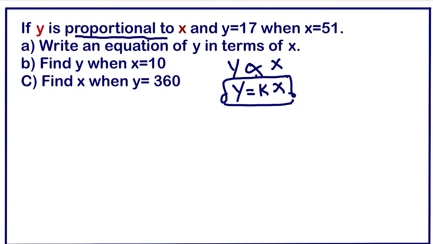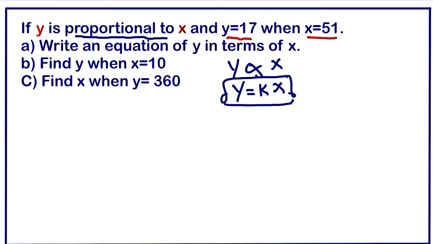Next, we are asked to write an equation of y in terms of x. Our equation should have only y and x, but here we have k, so we need to calculate k so that our equation has x and y. In order to do that, we have to look for the known values. We have y is 17 and x is 51.